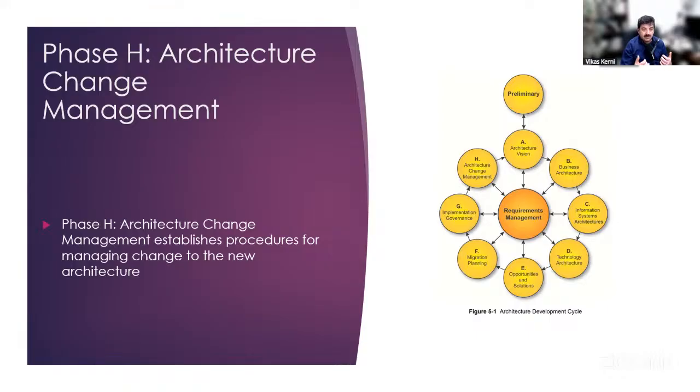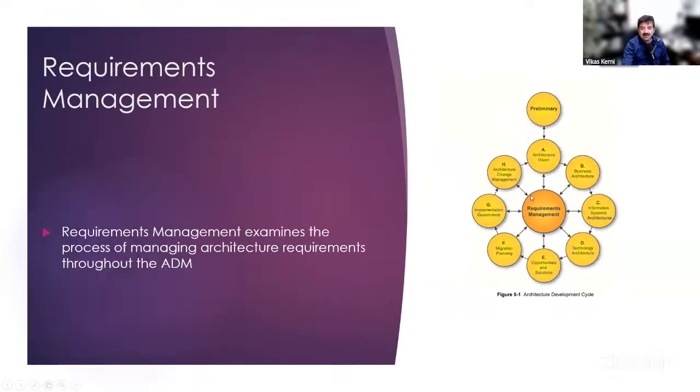You have to do architecture change management, which establishes processes for managing change to the new architecture. You have to see that new changes are not corrupting the architecture and not destroying your architecture. Across all these phases, there is requirements management, which examines the process of managing architecture requirements throughout the ADM.